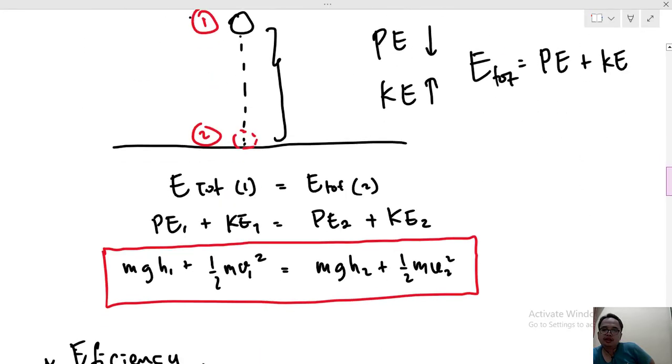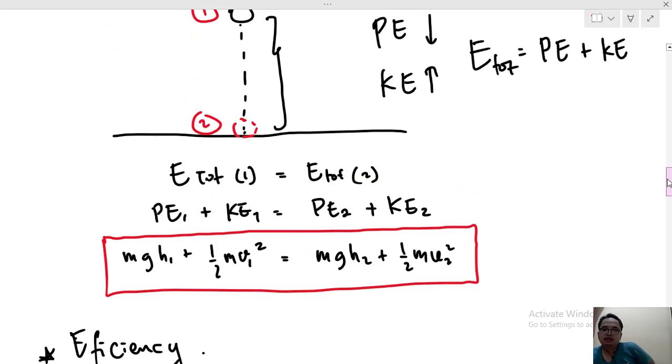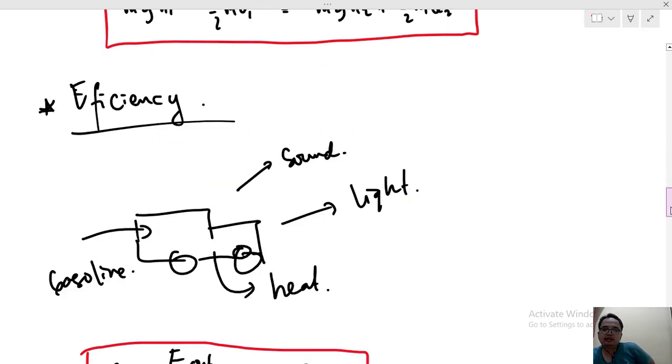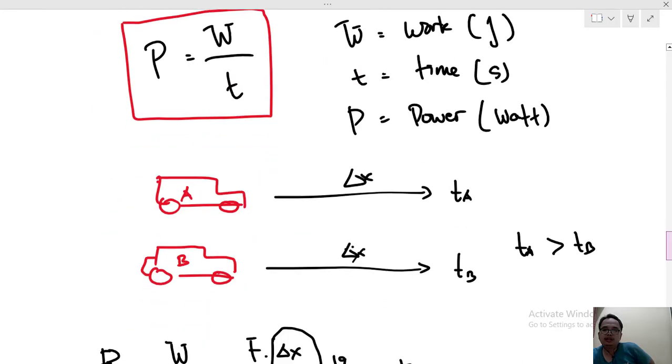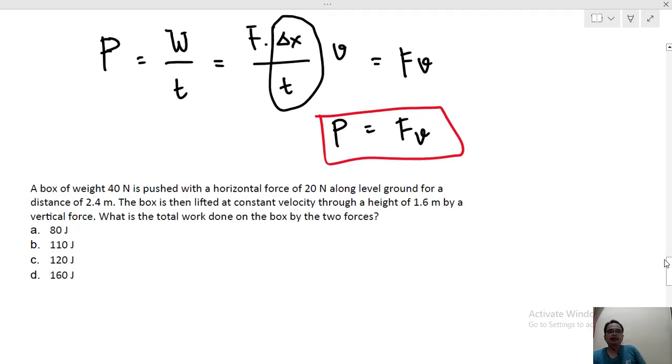And then conservation of energy: total energy at every point remains constant. Then efficiency, and then power.